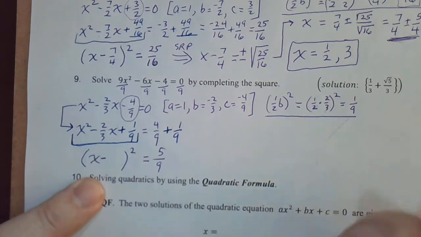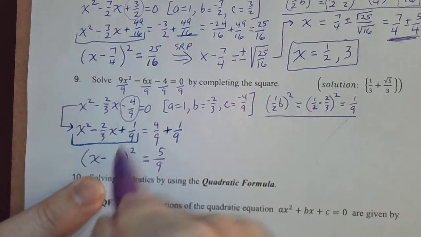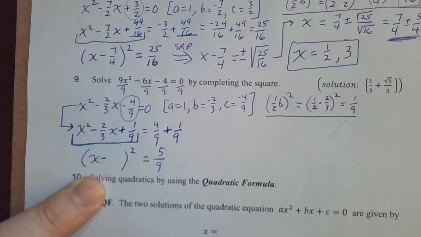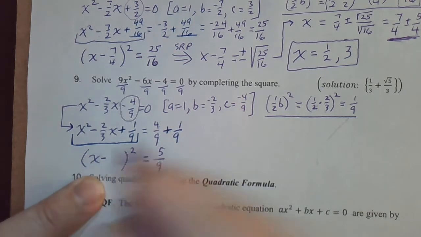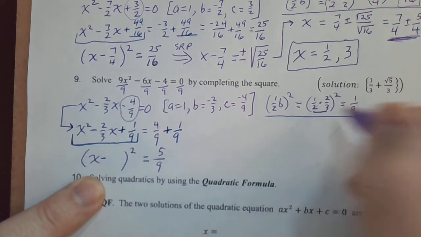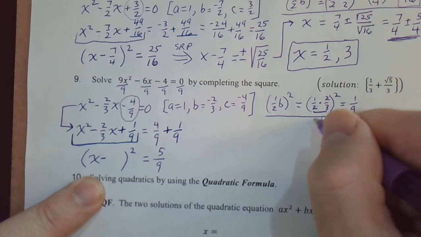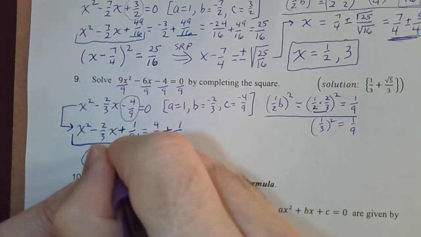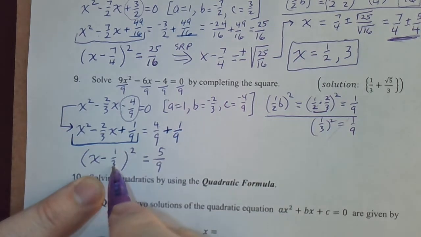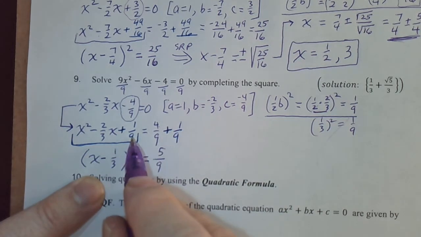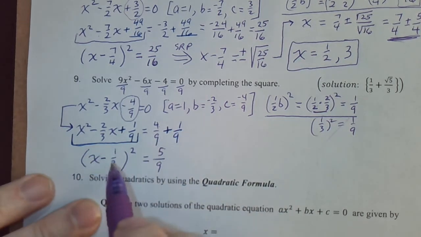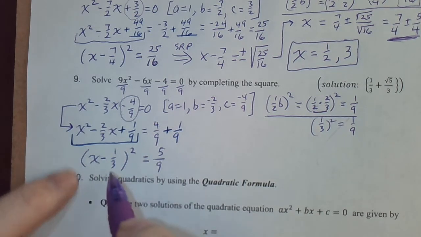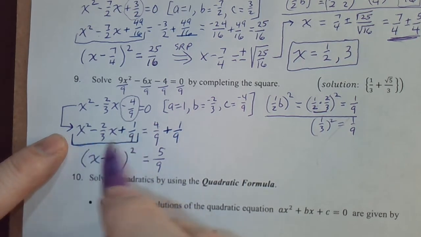And what do we put here? It was what we had in parentheses here. That was 1/3 squared equals 1 over 9. We put the 1/3 right there. If you square 1/3, you get 1/3 times 1/3, which is 1/9. And if we FOIL this out, we can see that we would get exactly this.